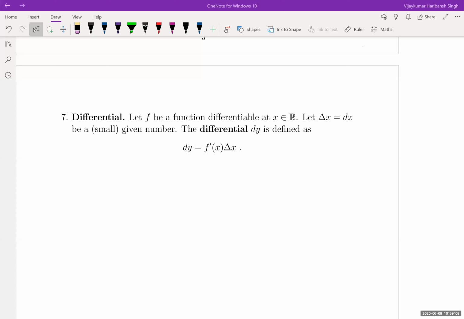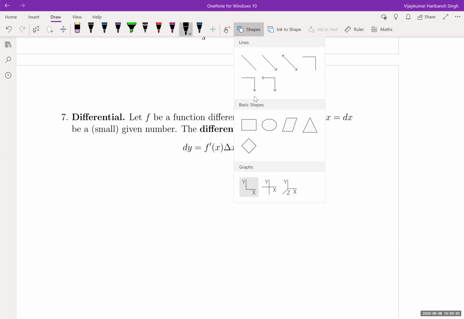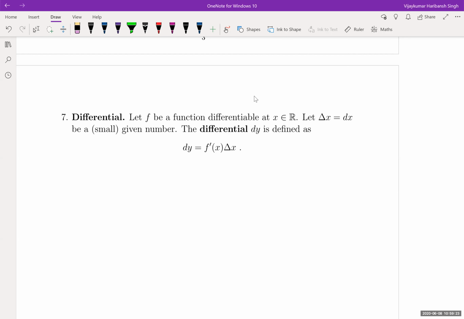The next concept is the idea of the differential. So let's try to look at that. Again, suppose this is your function.